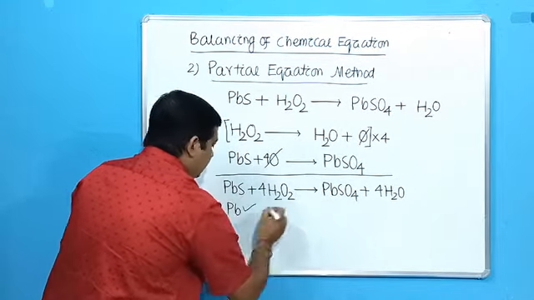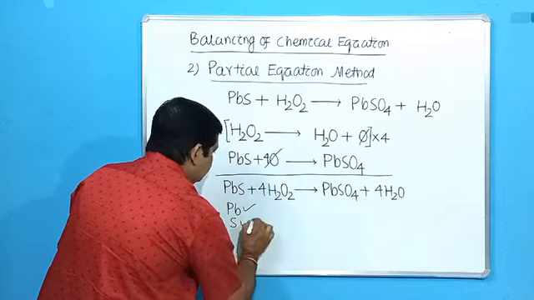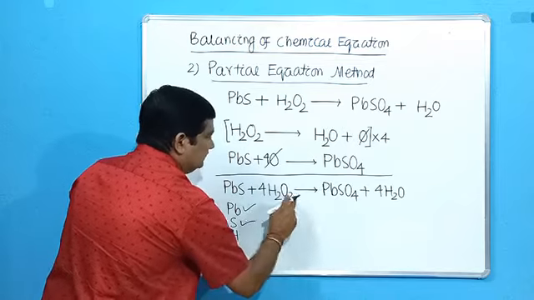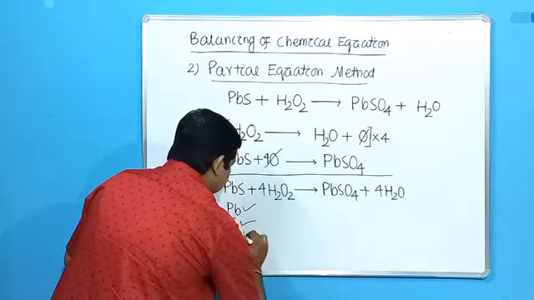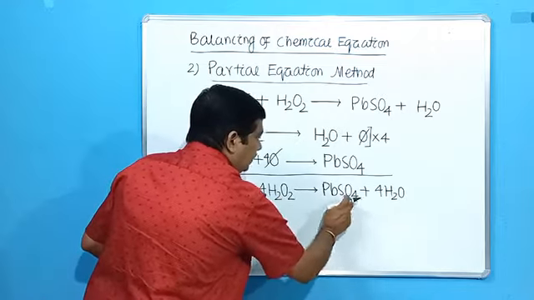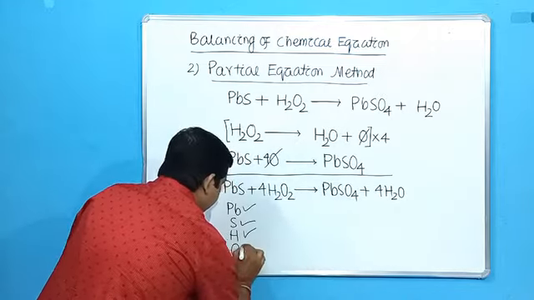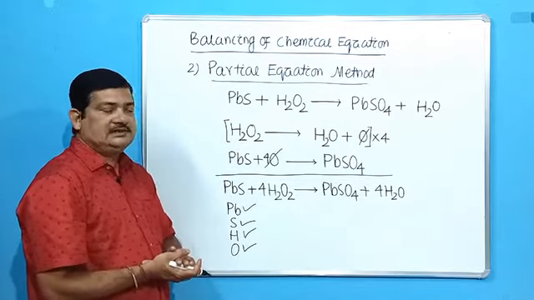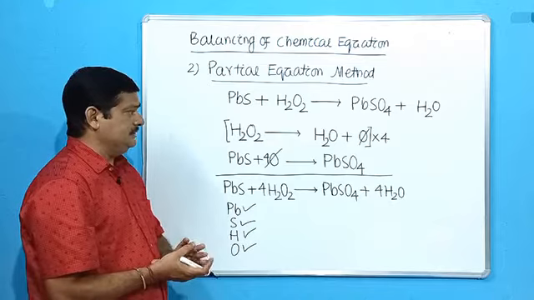Sulfur 1 and 1 balanced. Then hydrogen, we will go for hydrogen next, 8, balanced. Then oxygen 8, 4 plus 4 here, balanced. Okay. So this is how you balance a chemical equation by partial equation method.